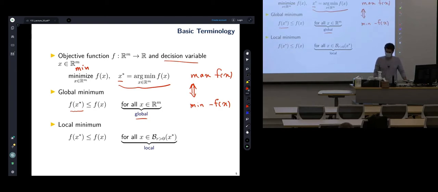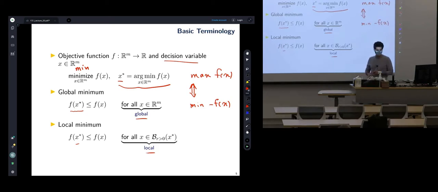It is a local minimum if within a ball of radius r, within a neighborhood, wherever you are, your objective function obtains the minimum value, then x star is a local minimum. So this notion of local and global is very important.